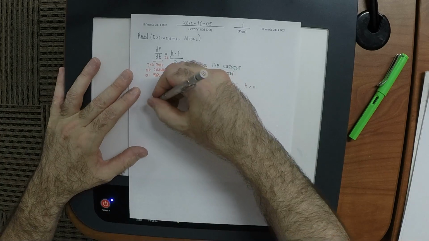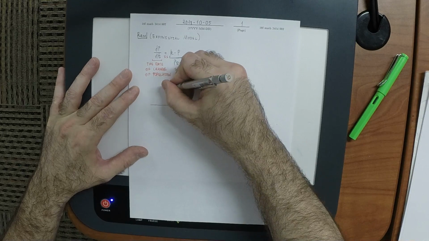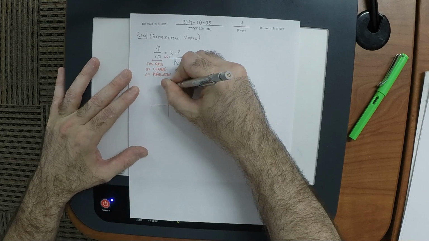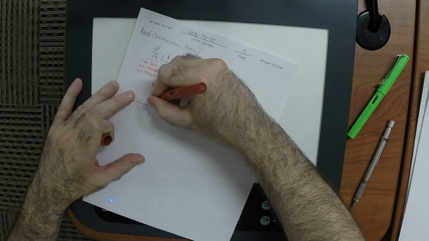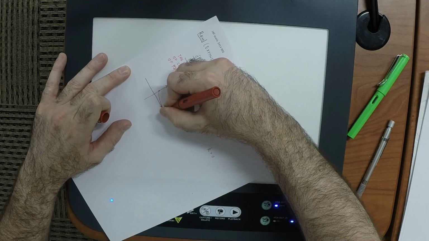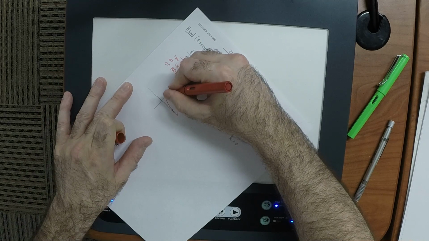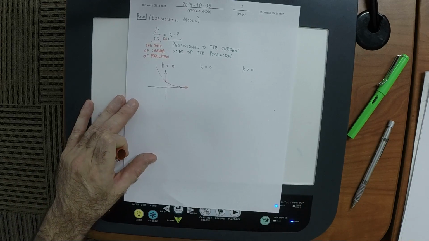The picture in that case looks like this. The population will decay. And then if you go backwards in time, it must have been like that.